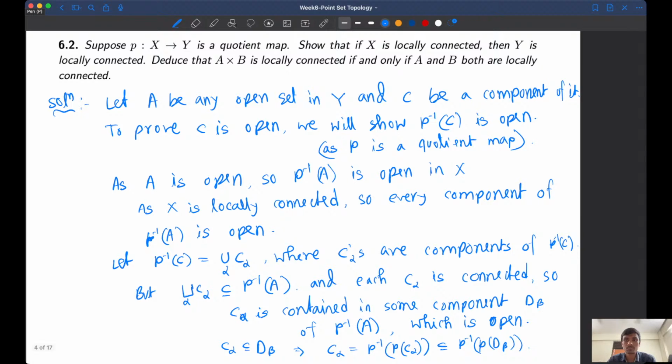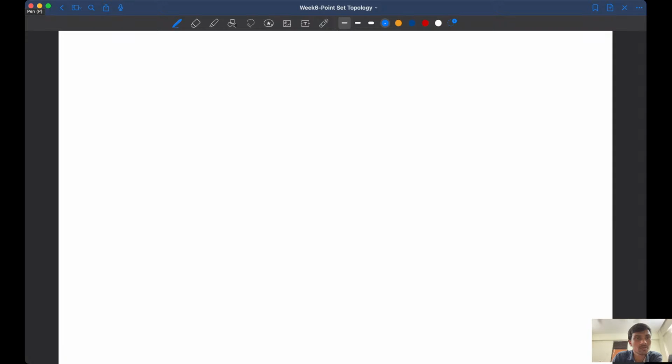Second part: the projections pi A from A cross B to A and pi B from A cross B to B are cosine maps.